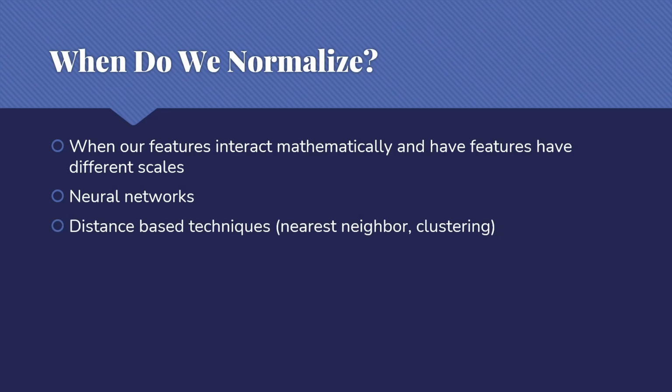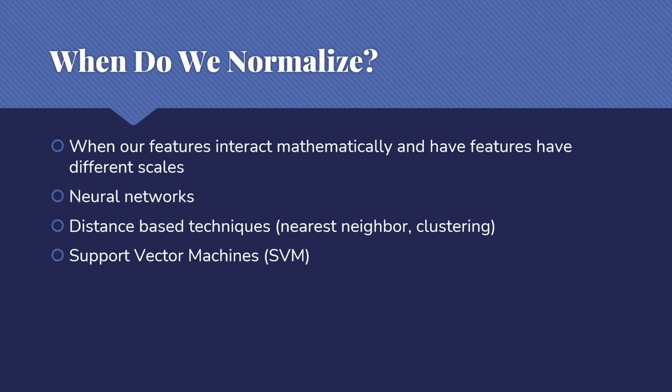Distance-based techniques, so things like nearest neighbor or clustering, because they are computing distances, if one of the features is a very large range and one is very small, the large range feature is going to have a much greater impact that is not necessarily appropriate. So we want to get everything normalized.